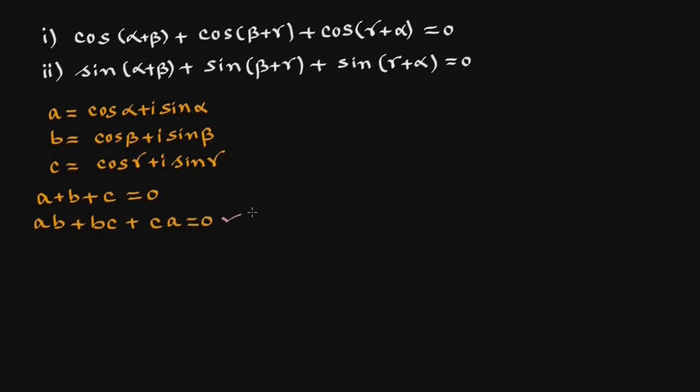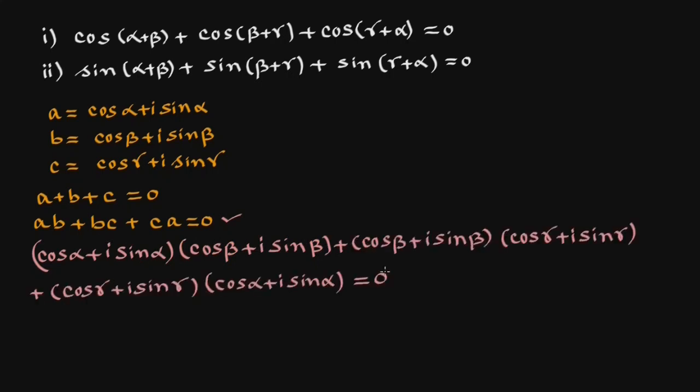So from this we write (cos α + i sin α)(cos β + i sin β) + etc. = 0.